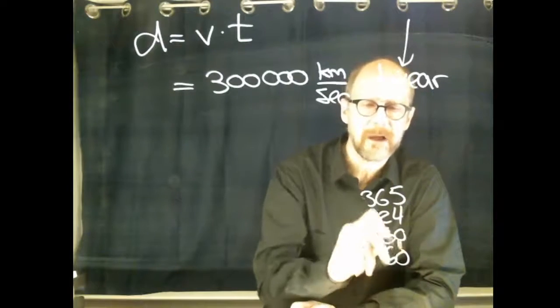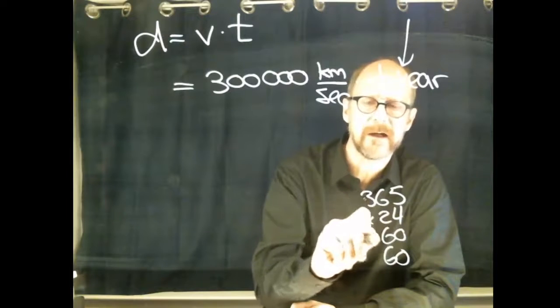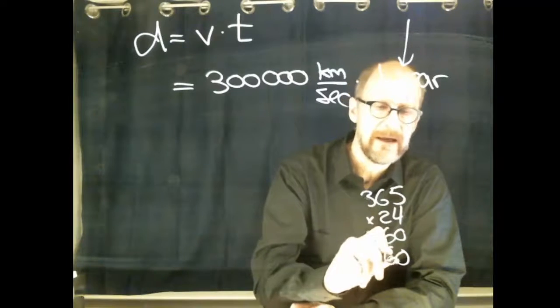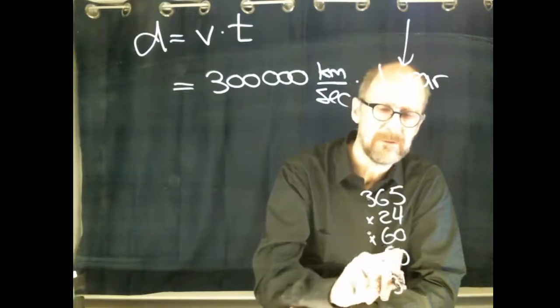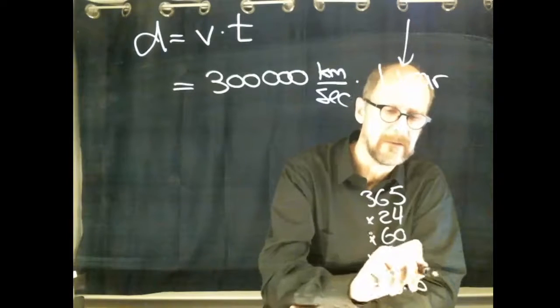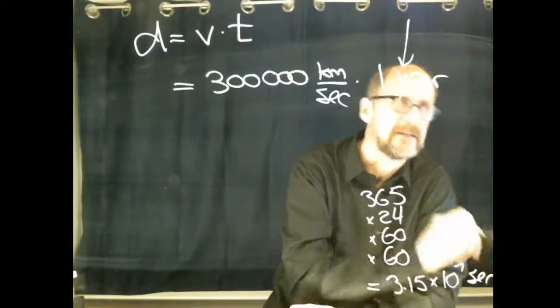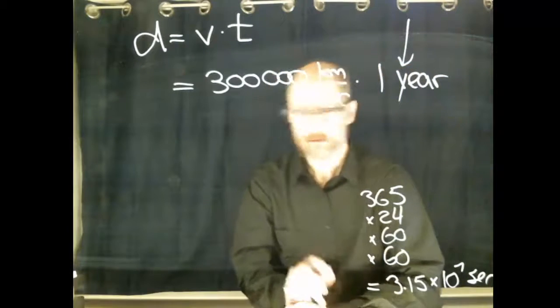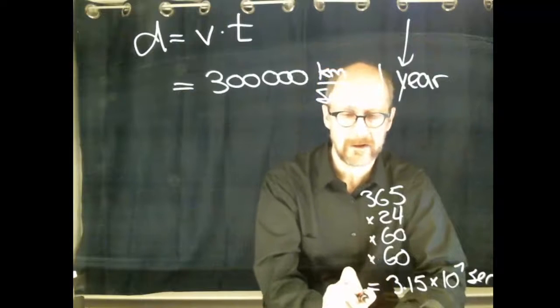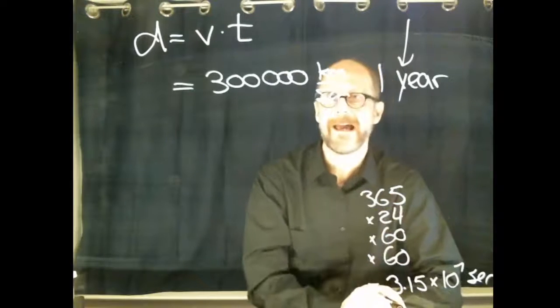So if we multiply all those together, that works out to be 3.15 times 10 to the 7 seconds. And so this can also be written as 31.5 million.